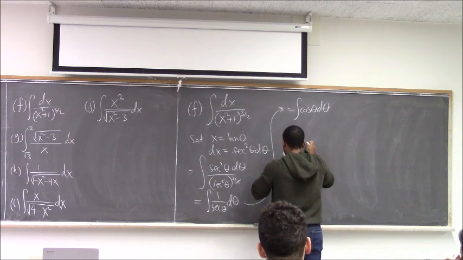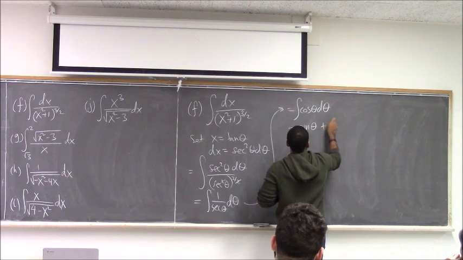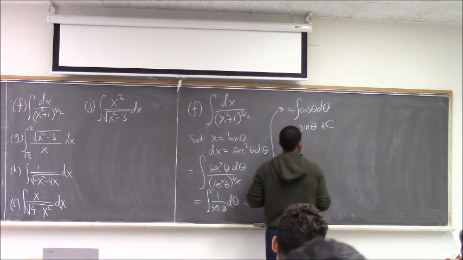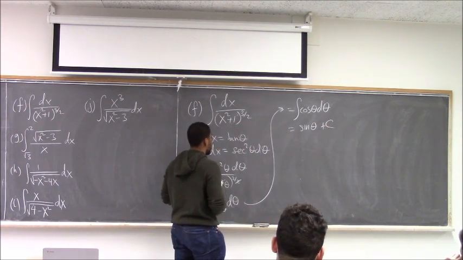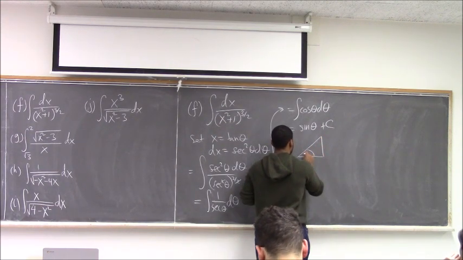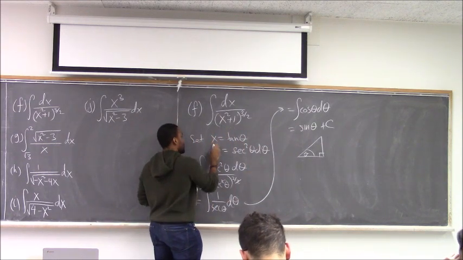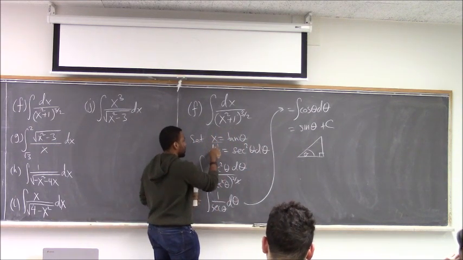Integral, positive something. So that is the answer in thetas. How do we get it in x's? Triangle, right? So draw the triangle. There are other ways to do it, but it's probably the nicer way. Here you think of the x as x over 1, which is opposite over adjacent.